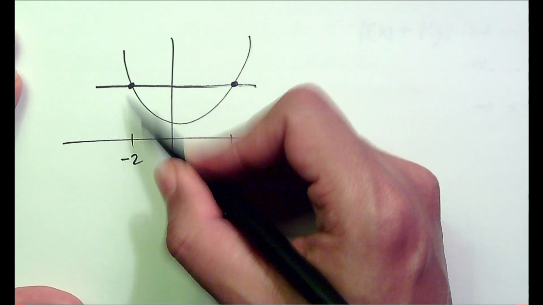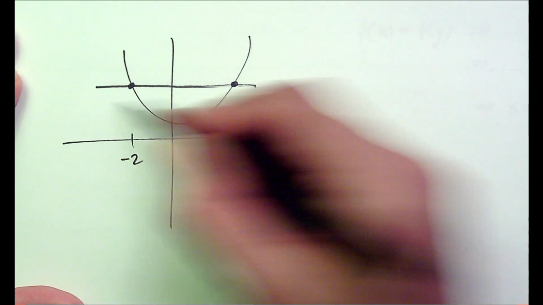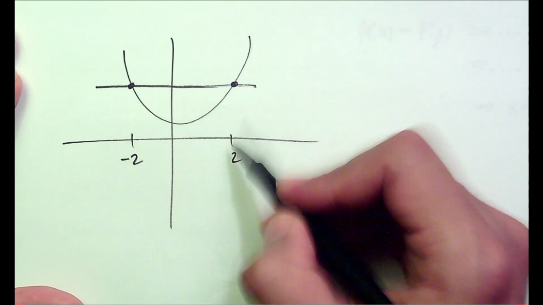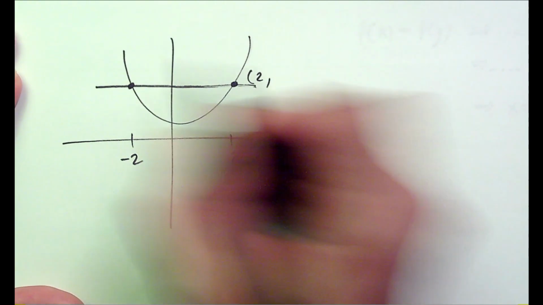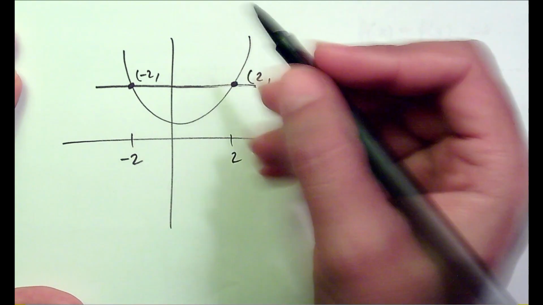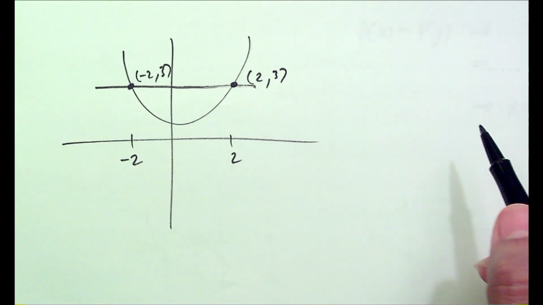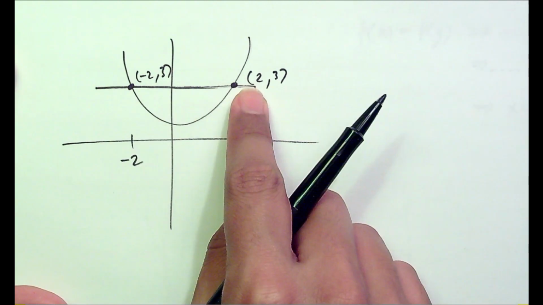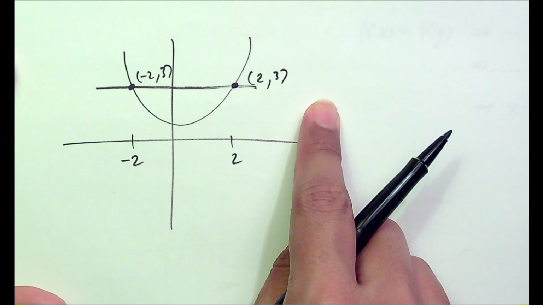Then you would have two different numbers that when you plug them in, you get the same output, because the x values are the inputs and the y values are the outputs. So you would have two different points that have exactly the same y coordinate, and the y coordinate is the output. Let's say it's 3. They have the same height, so they have the same output. And that cannot happen. You cannot have two different inputs that have the same output. That is the same as saying that this horizontal line cuts the graph in two different points.